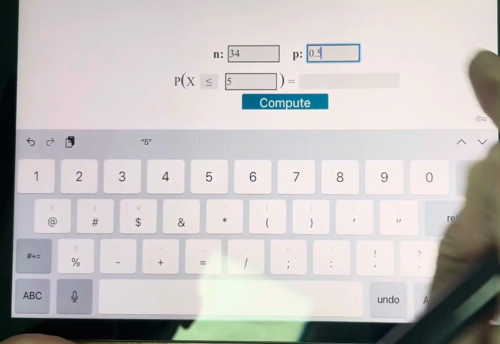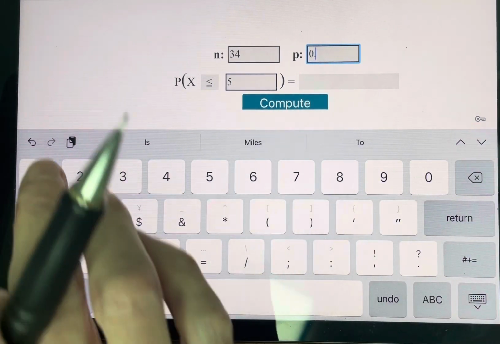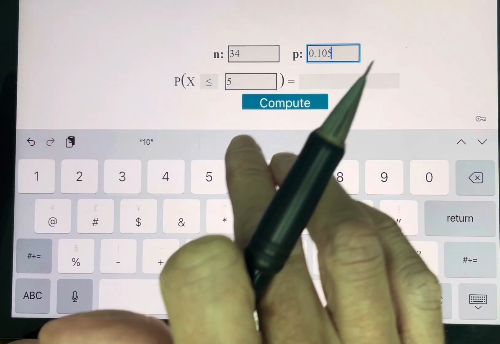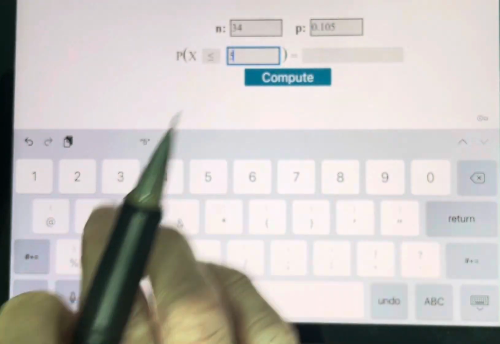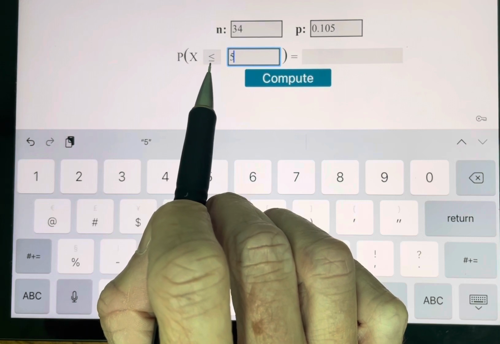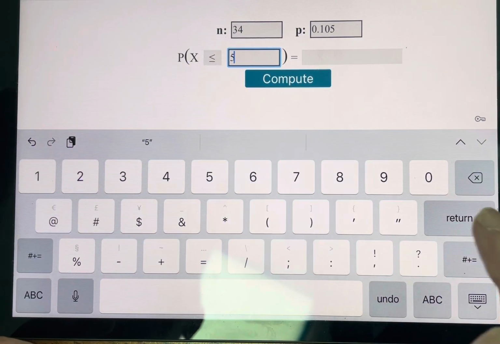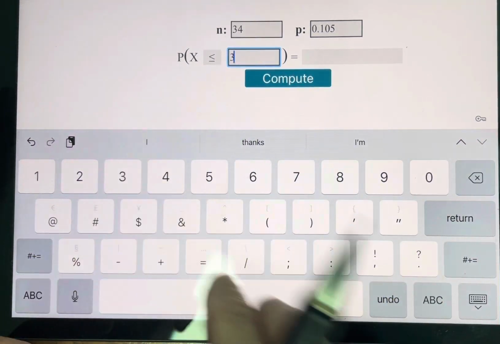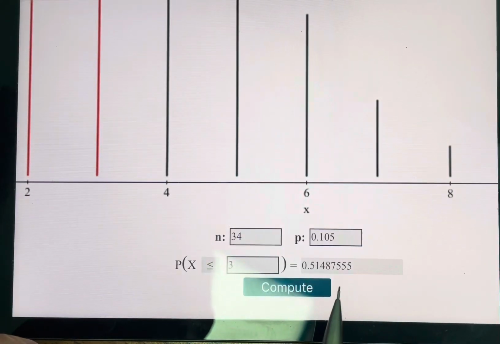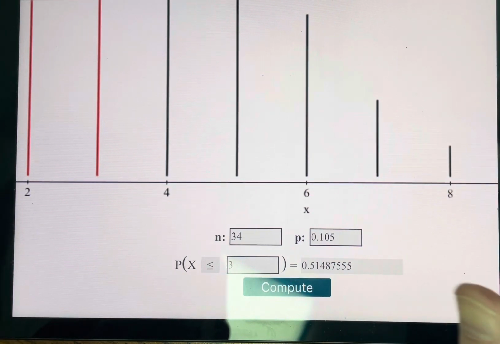Our p was 0.105. And we want to know less than or equal to. Remember, always use the less than or equal to. Okay, and we're going to put in 3 and press compute. And we've got 0.515 to 3 decimal places.